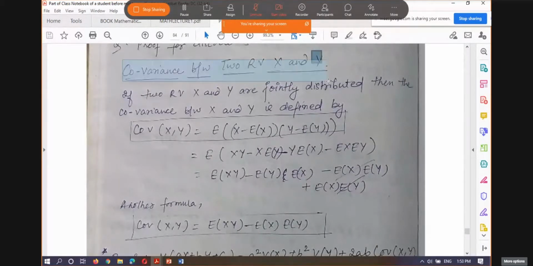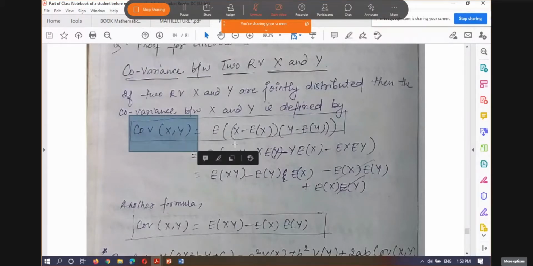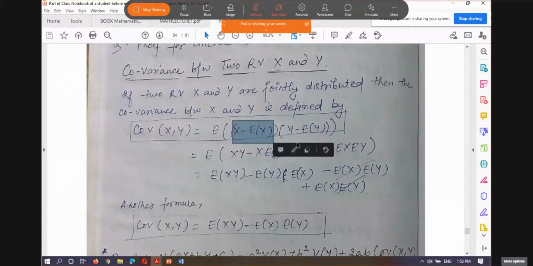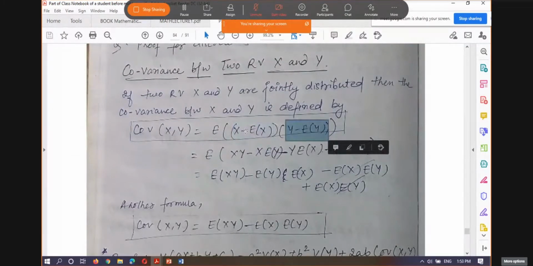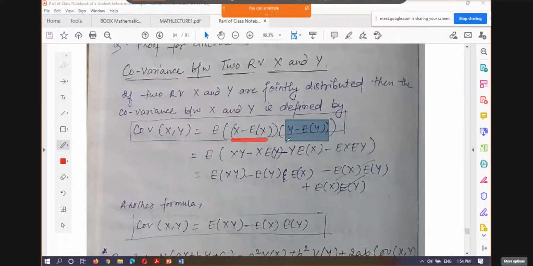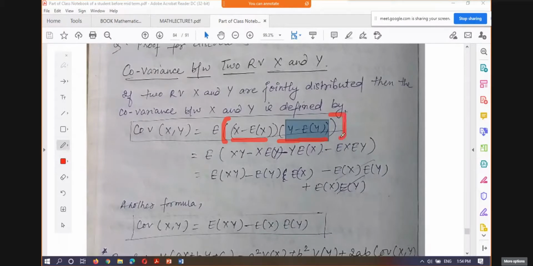This can be calculated by covariance, which is defined like this: covariance of x, y is expectation of (x minus expectation of x) into (y minus expectation of y). So this is the definition of covariance of x comma y.